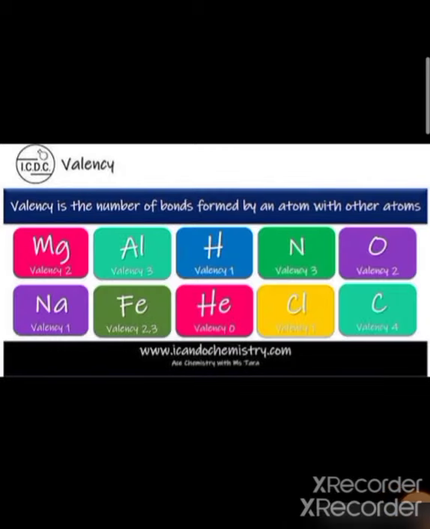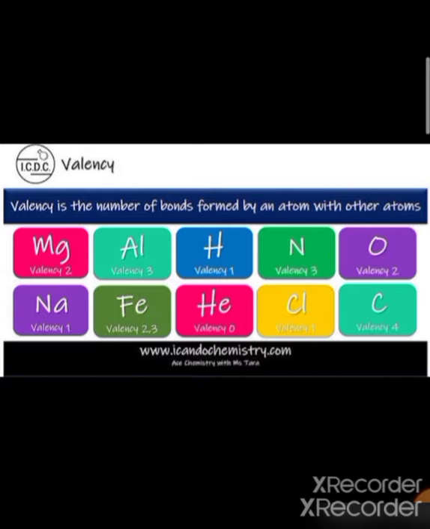Valency of iron is given as 2, 3, which means the valency of iron is 2 and also 3. It shows 2 types of valencies, and this is known as variable valency. When any atom shows more than one type of valency, it is known as variable valency.